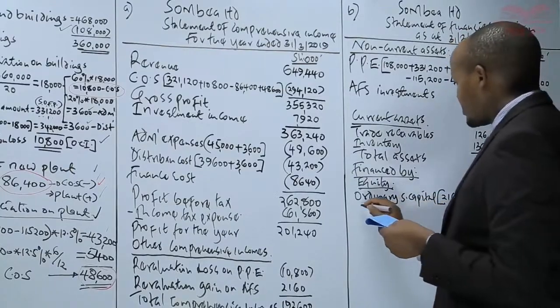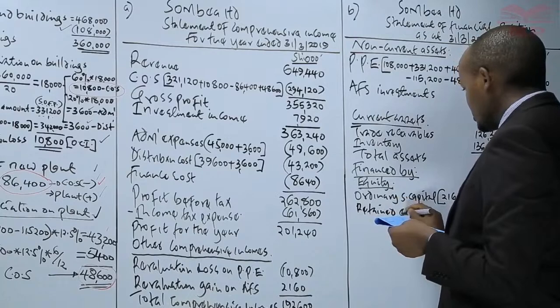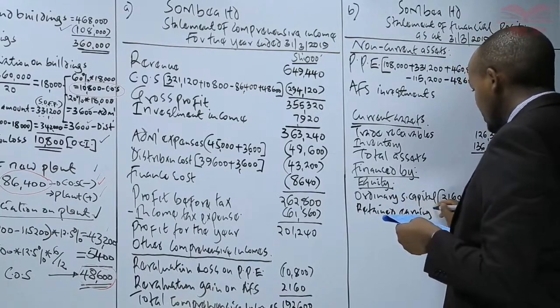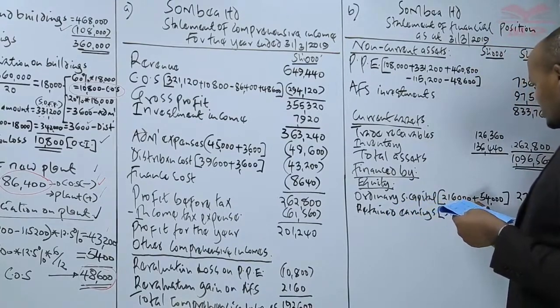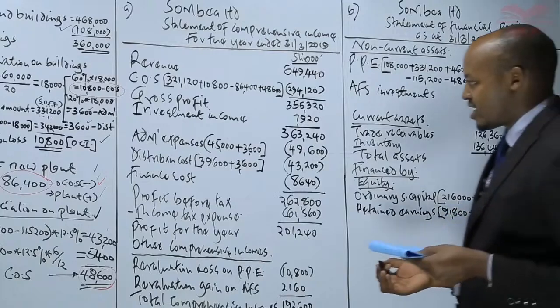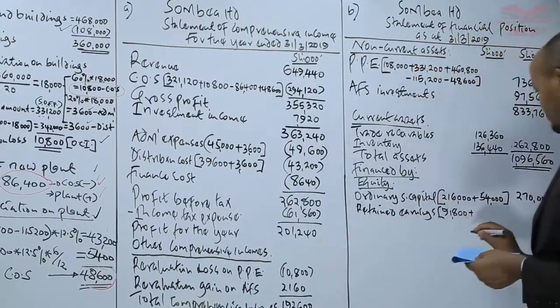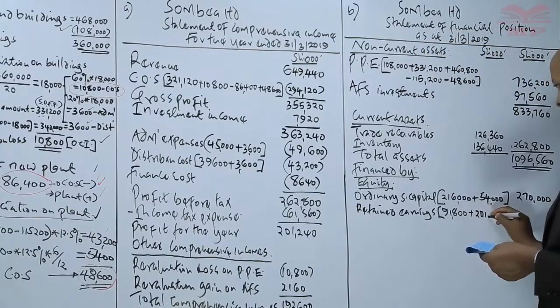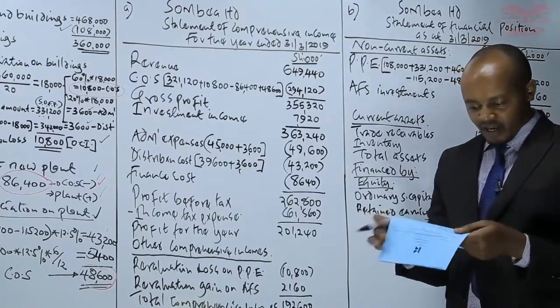And then below ordinary share capital, you have retained earnings. The retained earnings at the start of the year was 91,800, and to this we have to add the profit for the year, which in our case was 201,240. If there were some dividends paid, we are also supposed to deduct them from that figure.